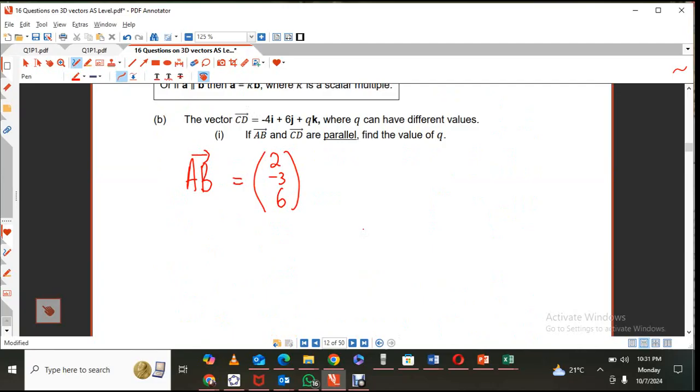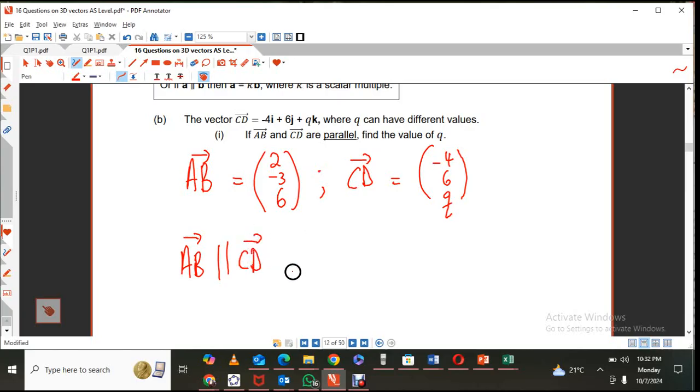Another thing that I will also write down is that I know that vector CD is negative 4, 6, as well as q. Now, if you are told that vector AB is parallel to vector CD, then it implies that vector AB should equal some scalar quantity of vector CD.